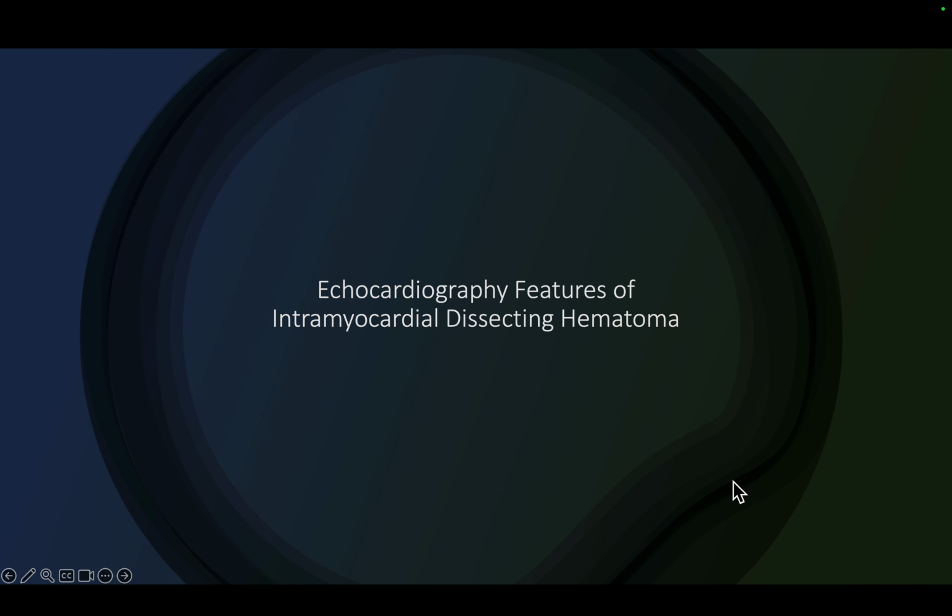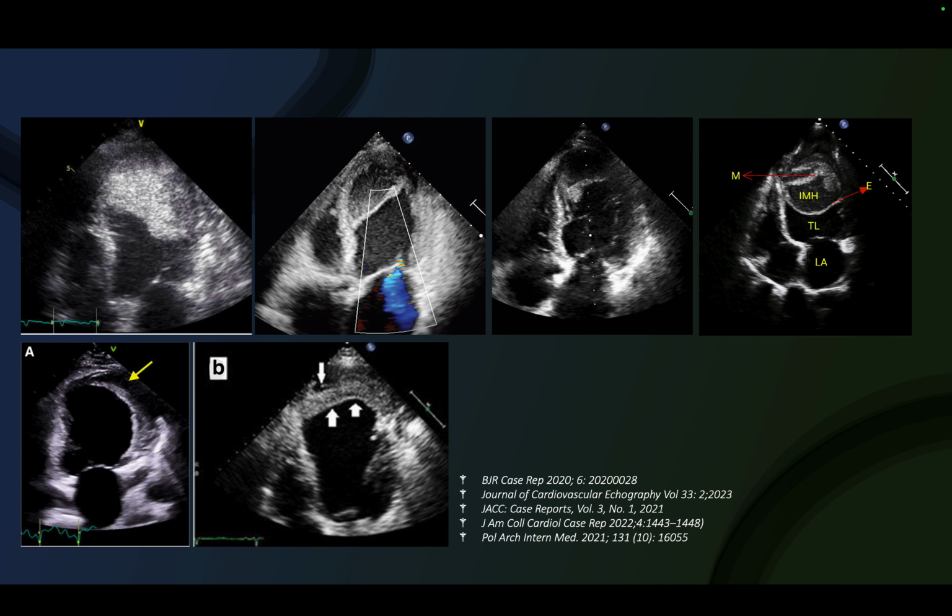Now, echocardiography features of intramyocardial dissection. How does it look, and why do I say this is an intramyocardial hematoma? These are pictures we picked up from the literature, and you see this is the hematoma happening in the myocardium. This is the mixed echogenicity, with some translucencies here. Now, this is another where there is a lot of liquefaction of the thrombus.